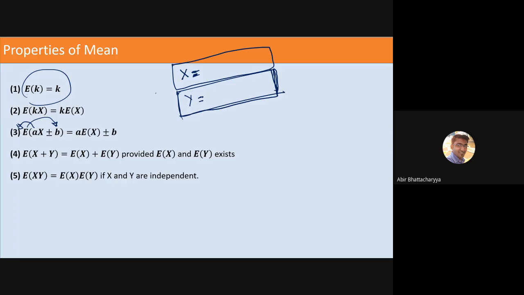These two are totally independent events. Tossing a coin and having rain do not depend on each other. That's why in this scenario we can write E of xy equals E of x times E of y.